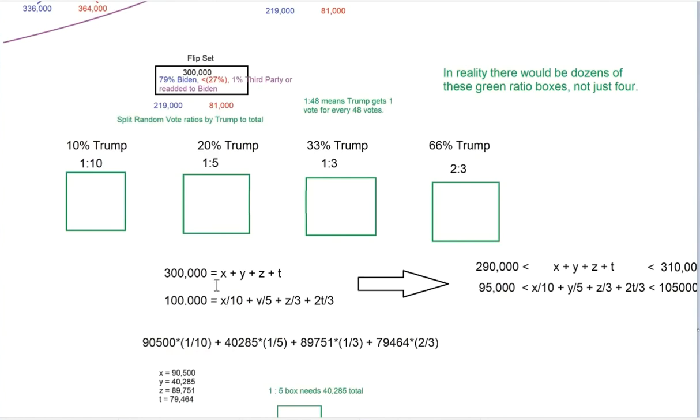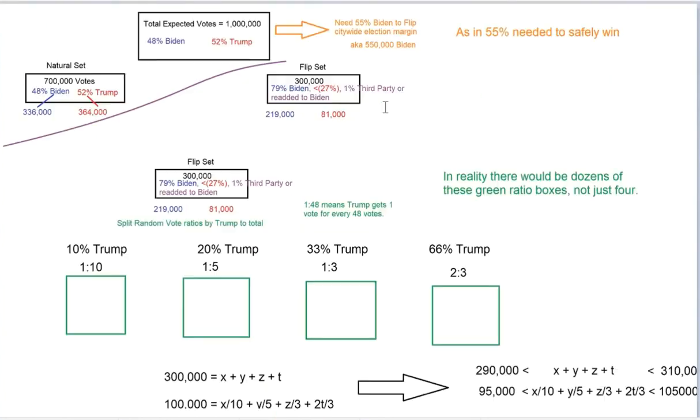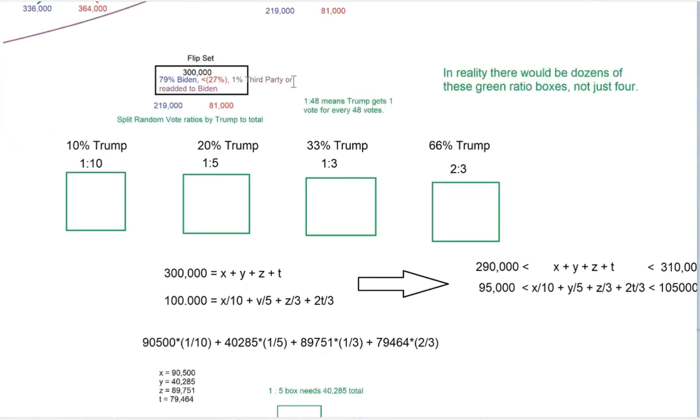And then the amount of ballots they need to give to Trump or to Biden, it doesn't matter which one you choose, the result will come out the same. So we put 100,000. Remember, I'm doing 200,000 for Biden and 100,000 for Trump to make the math easy.